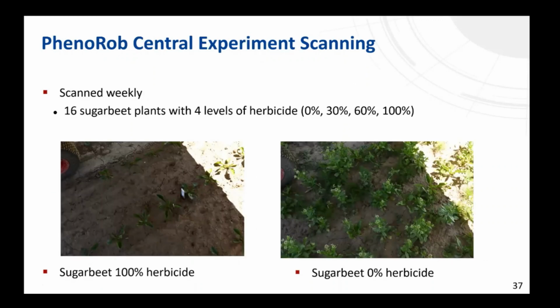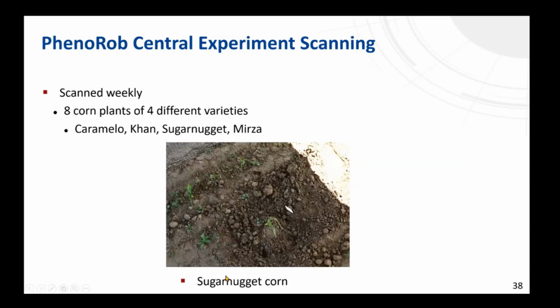And with the updated ground robot this year, we went multiple times to the field and scanned multiple variants of the target plants, like sugar beet and maize. We captured different levels of the application of herbicides, as you see in these two images here.